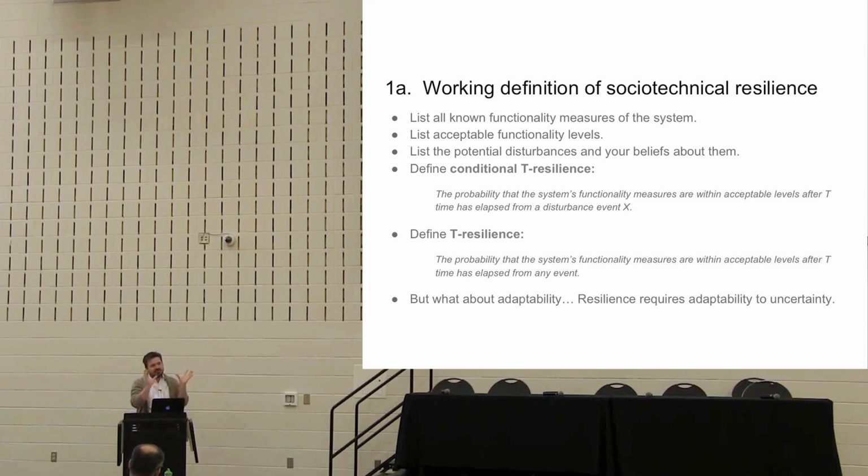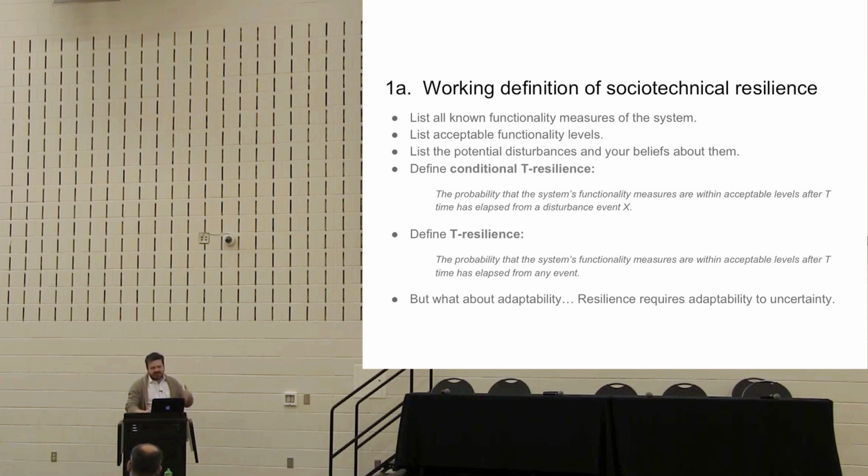So you could use this probability distribution, if you have it, to come up with specific scalar measures of resilience that characterize you as a user or decision maker or the system itself. So if you had this probabilistic assessment of your functionality after an event, you could use it to define a resilience measure that you could use in decision making.